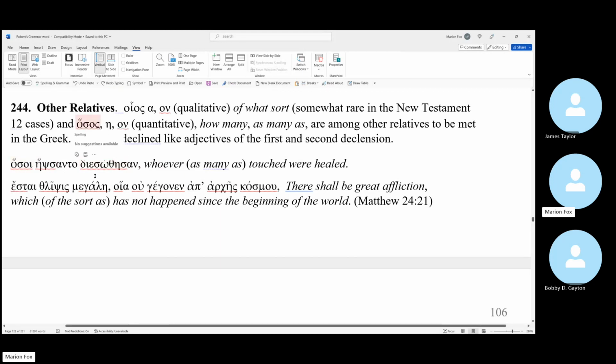Okay. And this is affliction, almost like English being between a rock and a hard place. Megale, that's great. Affliction is great. Whosoever, well, as many as, of great value, of what sort as has not come to be from the beginning of the world. Right. I want to go back and look at this other file just a minute.